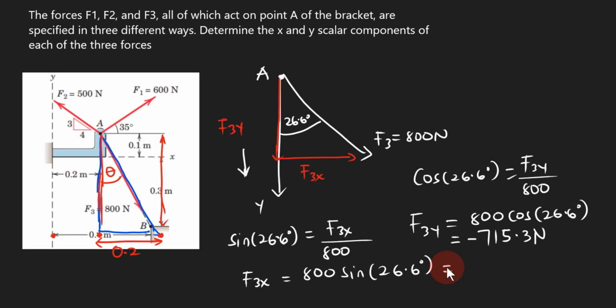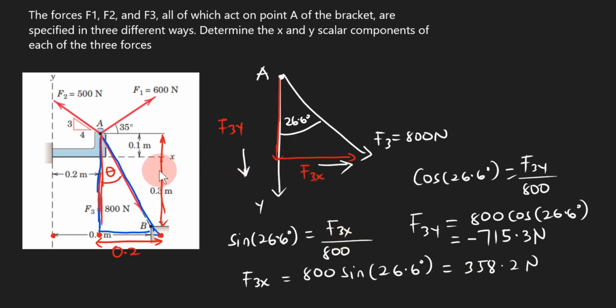That gives us a value of 358.2 Newton. And of course you see that this is moving in the positive x-axis direction, so it will be positive. So that will be the value of the x and y component for the third force.